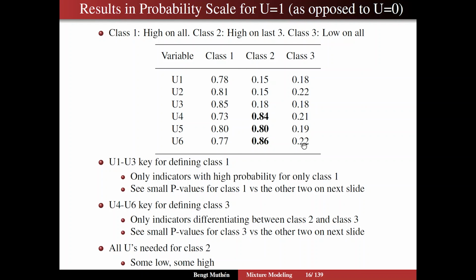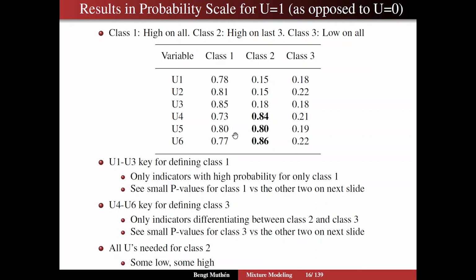So let's take a closer look at how these indicators define these 3 classes. It's good to understand that, for instance, in terms of measurement instrument development. So I'm claiming here that U1 through U3 are key for defining class 1, because they are the only indicators with high probability for only class 1.